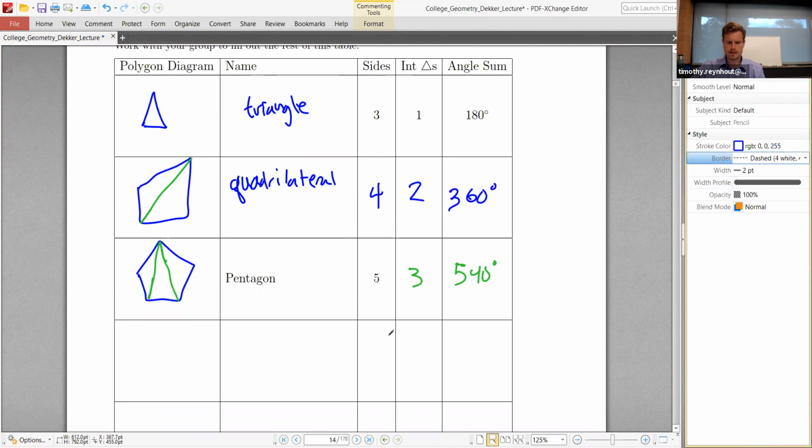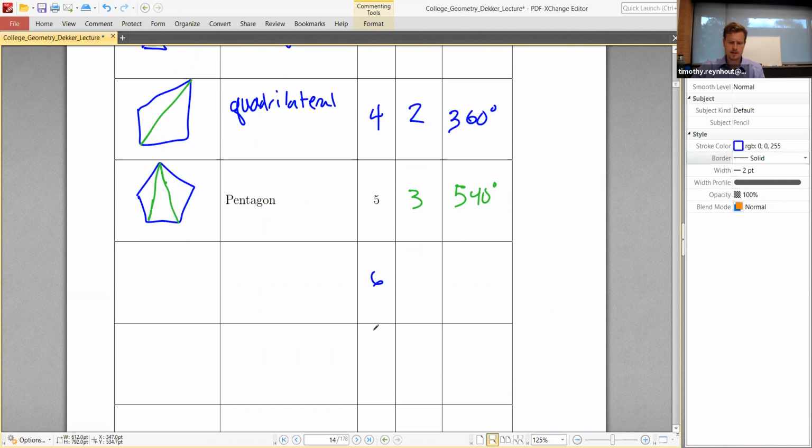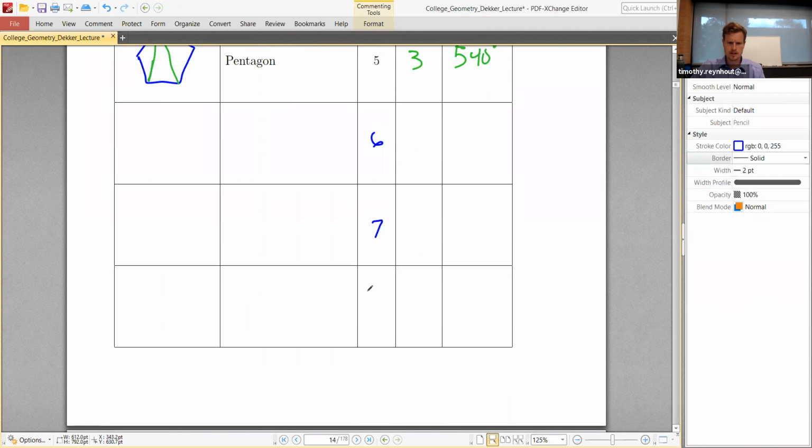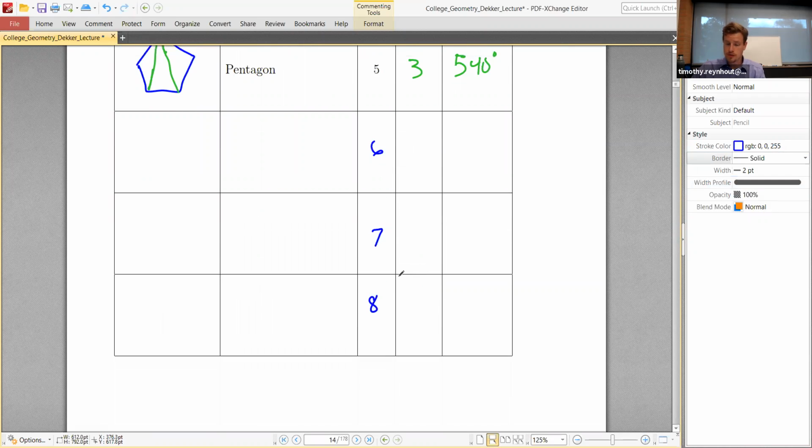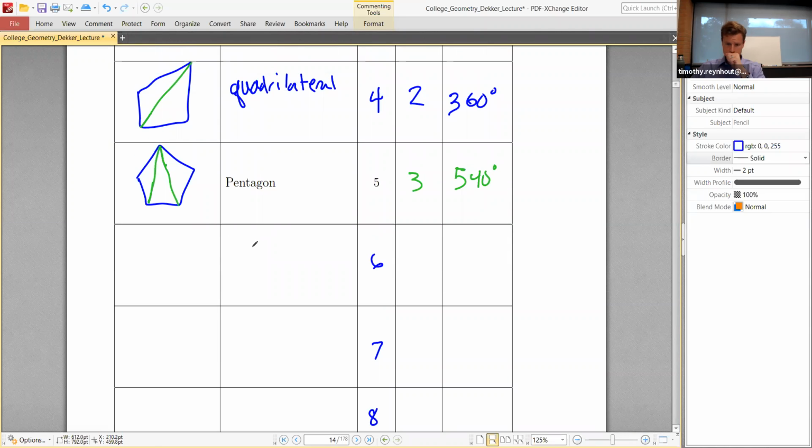So we can continue on. We'll do the 6-sided figure together. And then I'll leave the 7 and 8-sided figure for you guys to work on yourselves. So the 6-sided figure is called a hexagon. And of course, that is going to look something like this.